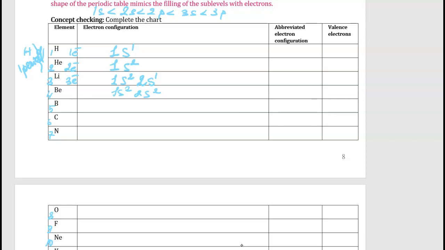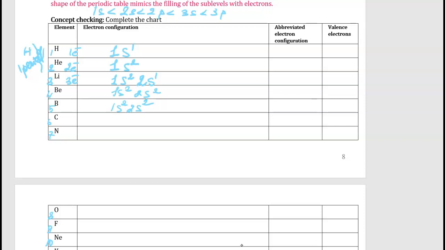Okay, boron, its atomic number is 5 and its electron configuration will be 1s2, 2s. Can it be 2s3 or not? Okay, so it cannot be 2s3 because on the S subshell there can be only 2 electrons, not 3, only 2.